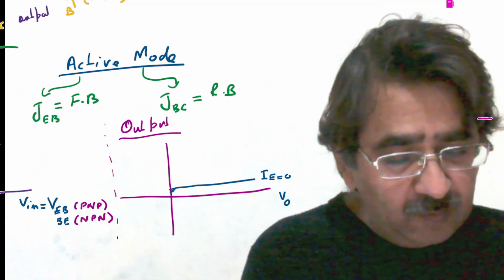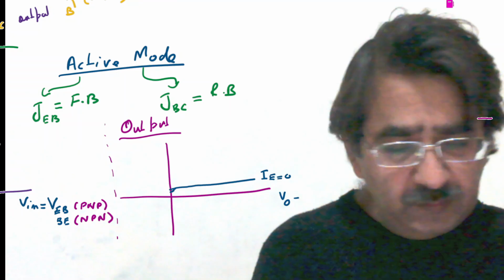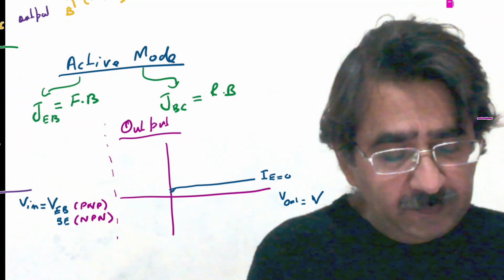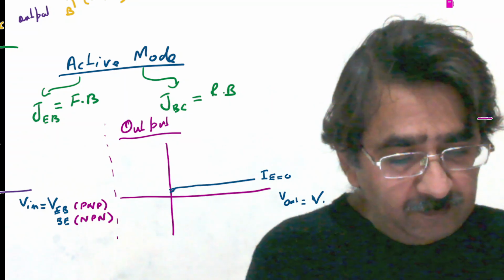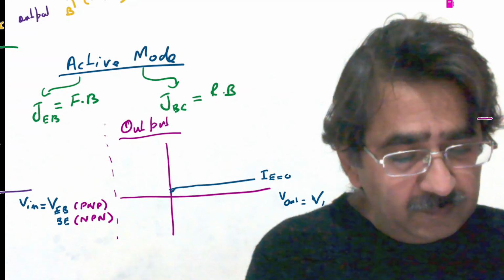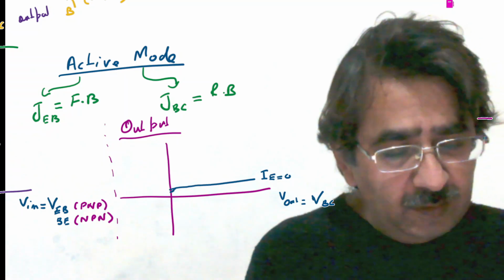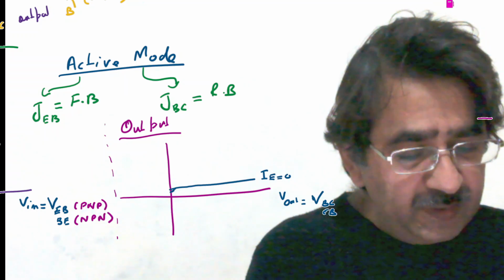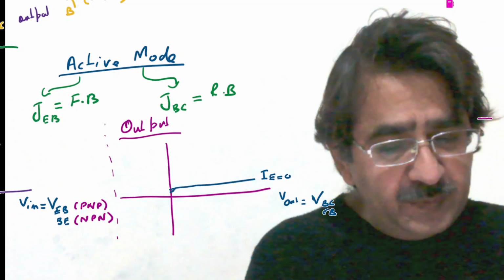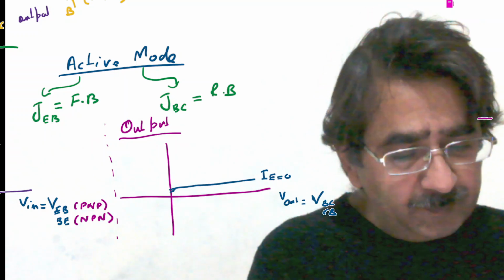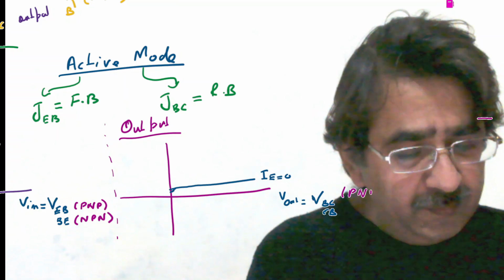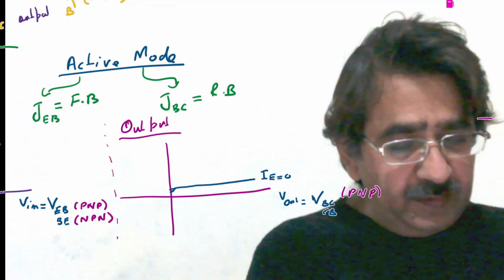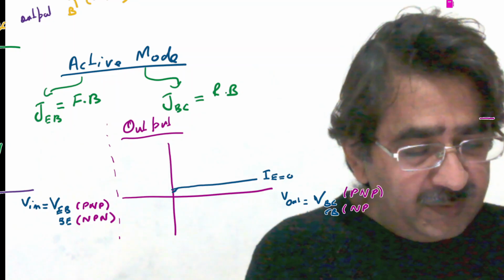This will be V out. V out will be base collector for PNP, and this will be for NPN.